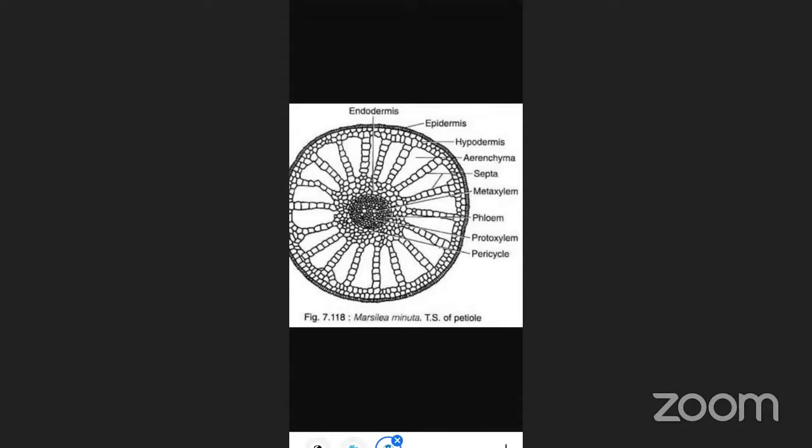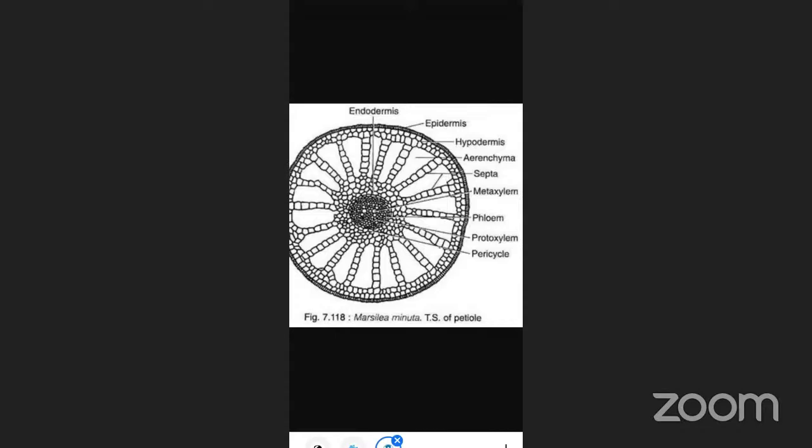Centrally the stele is there. The xylem is located in the middle, V-shaped, with the two arms of the V. The wide opening of the V is towards the adaxial side.